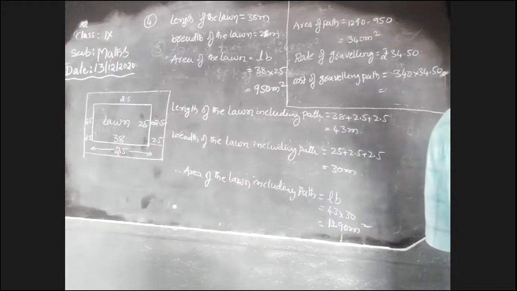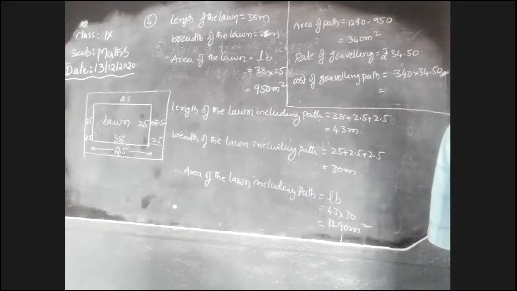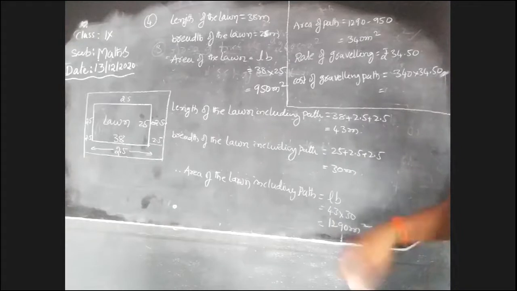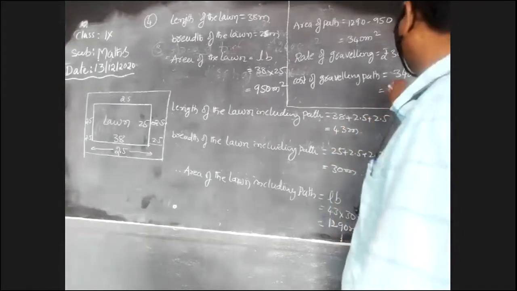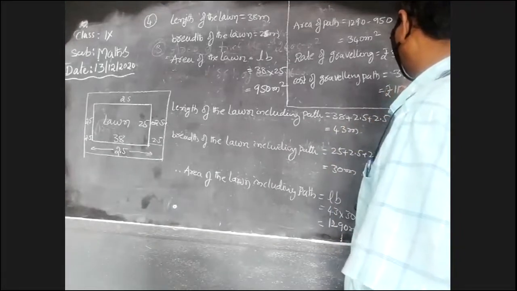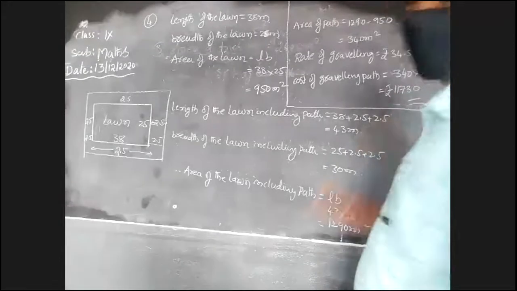Product of 340 into 34 rupees 50 paisa. And what is the amount? 11,730. That is rupees 11,730. Good, Satvik.